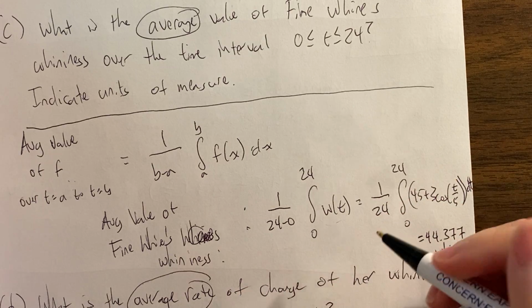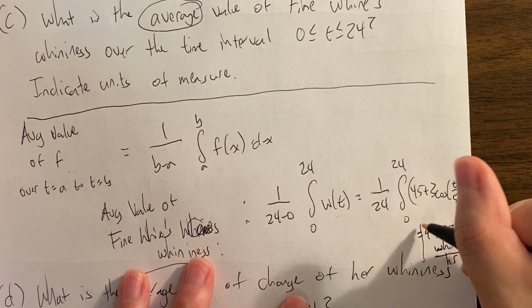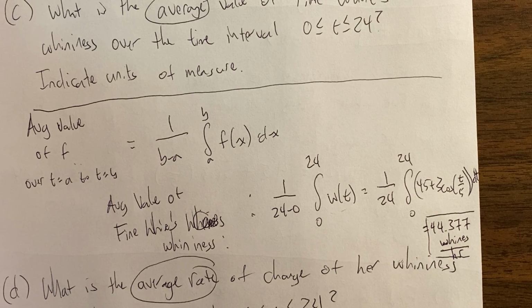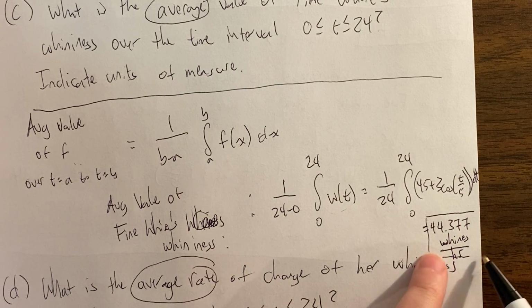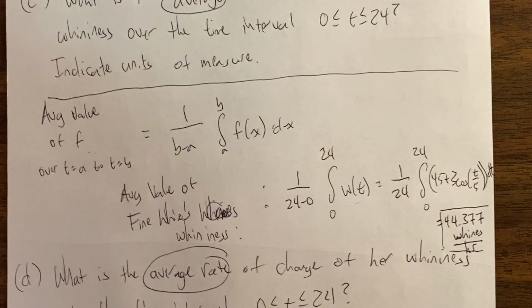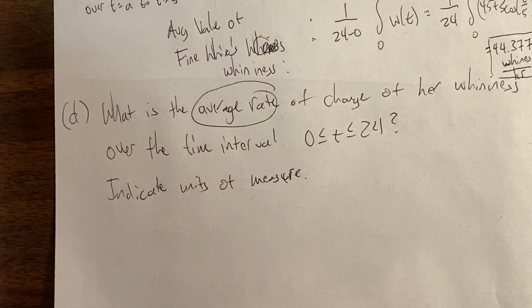It matches the units of the integrand, whatever you're taking the average of. So that's my rant on average. Basically, in every hour, she's whining 44.377, which is definitely not a bad day for fine wine when it comes to whining.